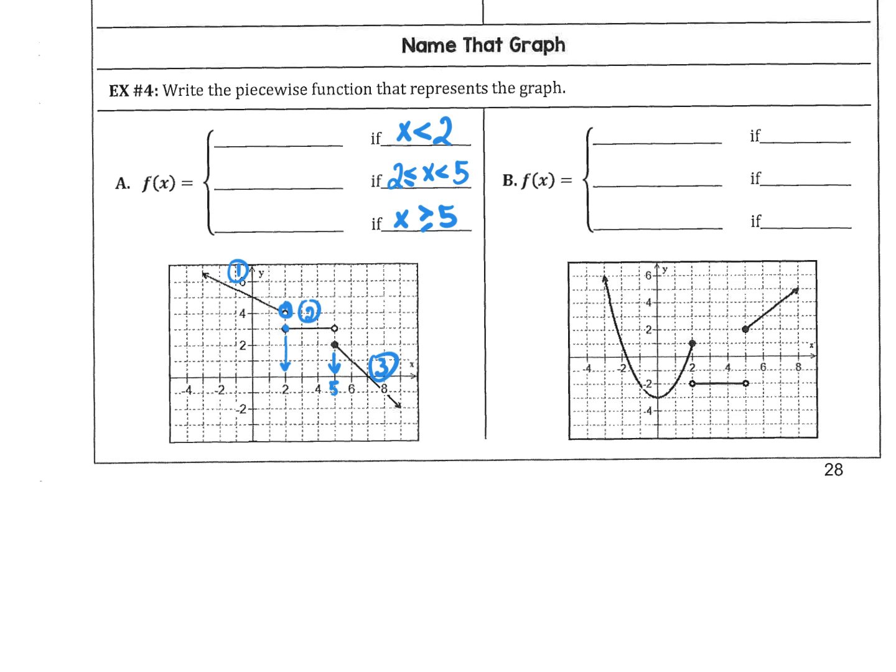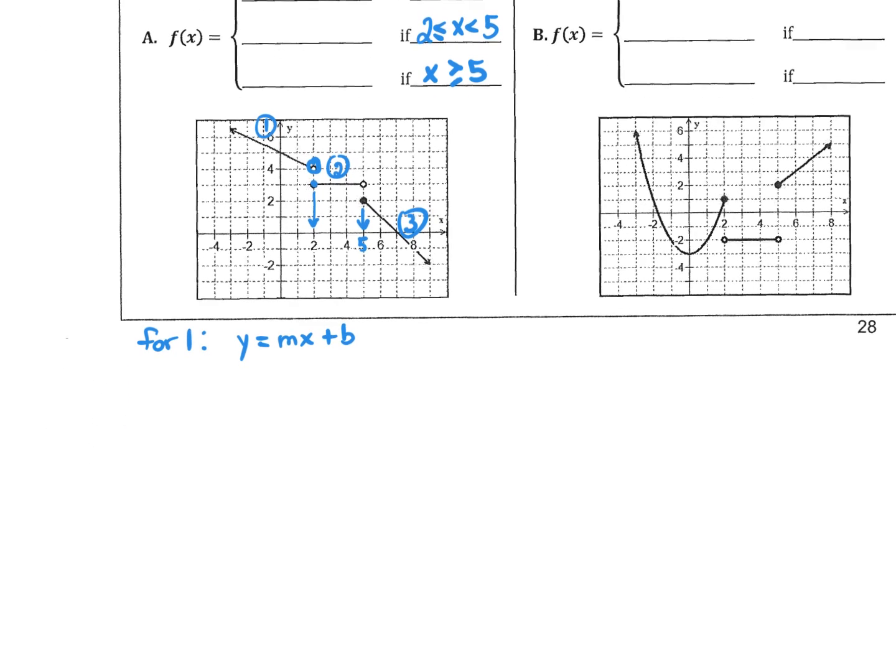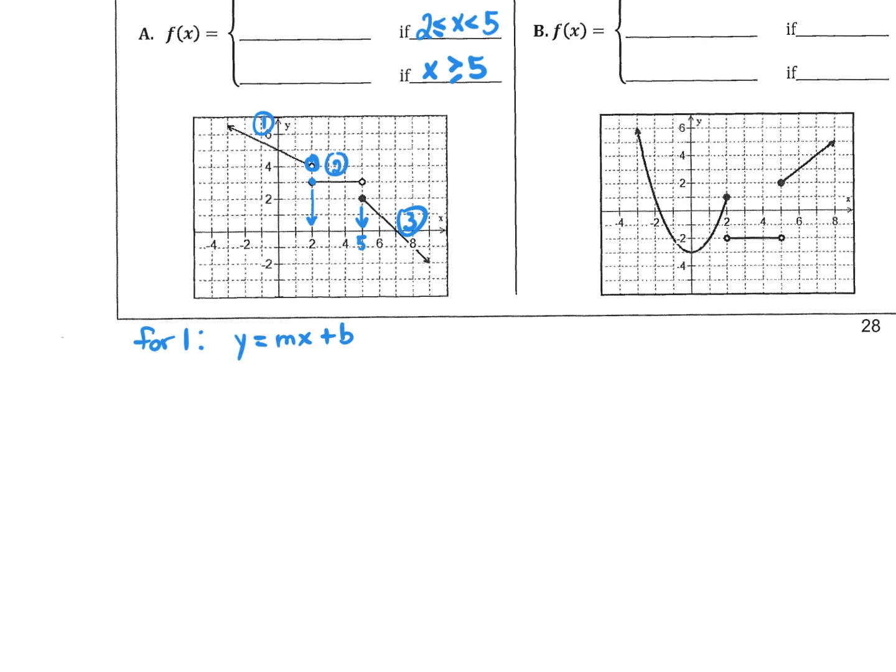Hard part is now we've got to actually write what those functions are. So now we have to define what they are. One is linear, isn't it? How do we write a linear equation? Y equals what? Mx plus b. Do we know the slope? Could we find the slope?